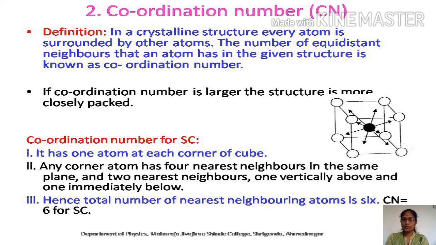Therefore, the number of equidistant atoms in case of a given corner atom will be 4 present in its plane, 1 present above its plane and 1 present below its plane, that is 6. Hence, coordination number for SC comes out as 6.